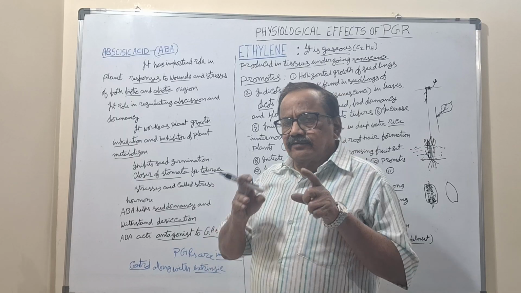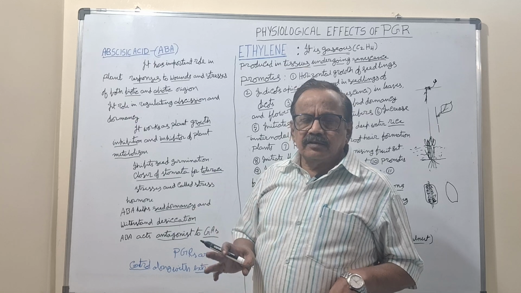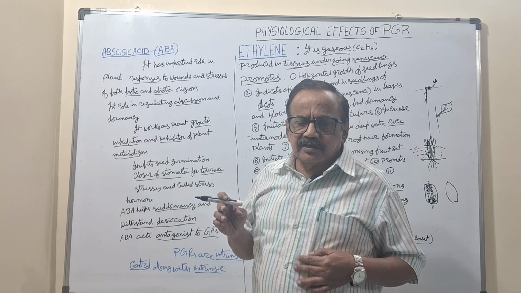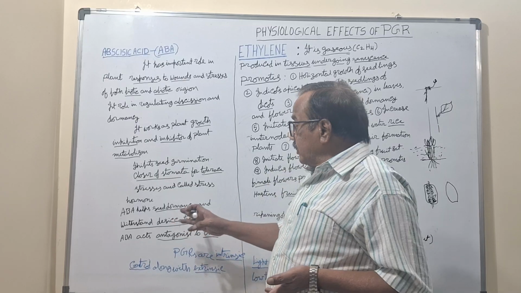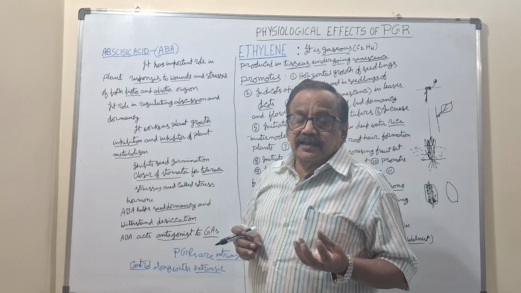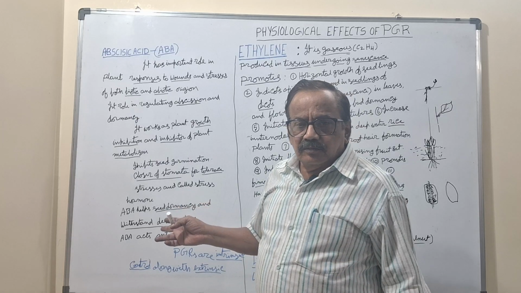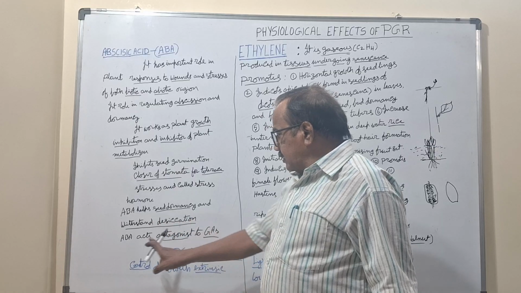Because of that, the metabolic activity will be reduced, and slowly it will be done. The seed also cannot be dried because very little water is present. So it protects from desiccation and helps withstand it.